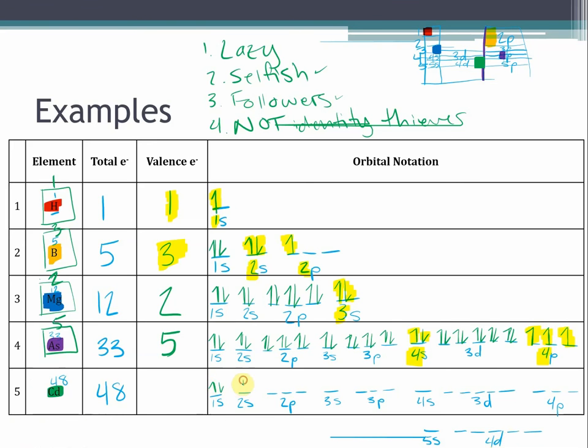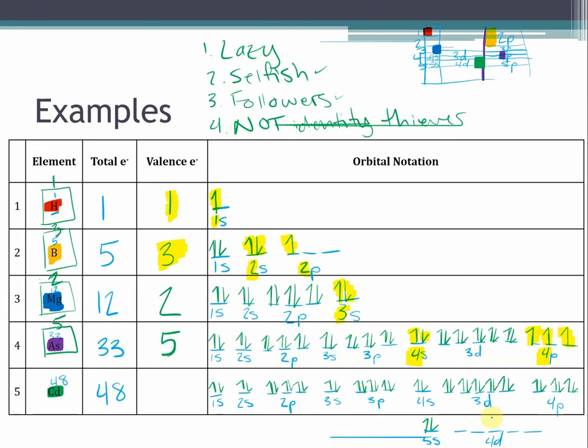1, 2, 3, 4, 5, 6, 7, build good habits, 8, 9, 10, 11, 12, 13, 14, 15, 16, 17, 18, 19, 20, 21, 22, 23, 24, 25, 26, 27, 28, 29, 30, 31, 32, 33, 34, 35, 36, almost there, 37, 38.